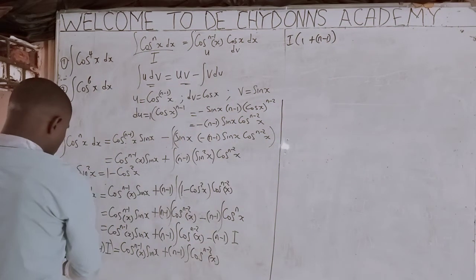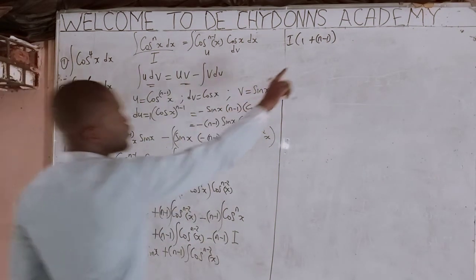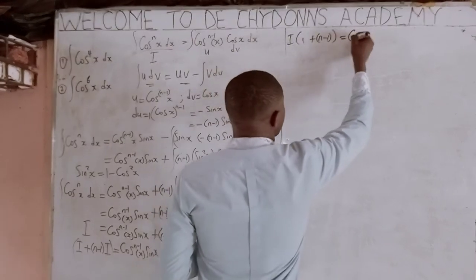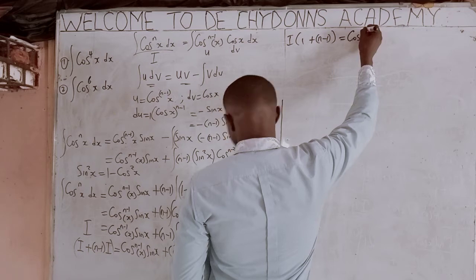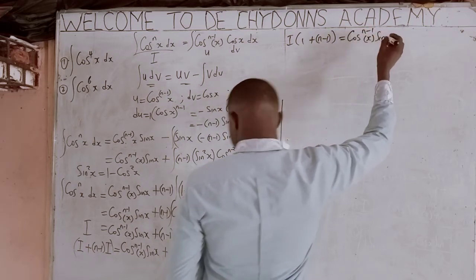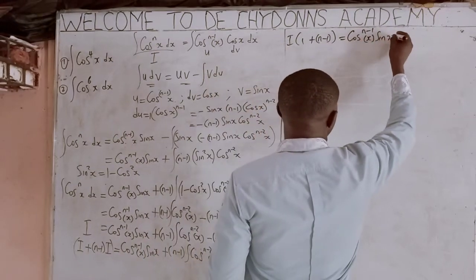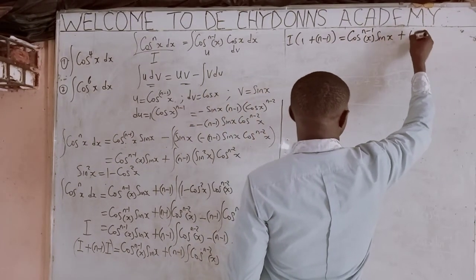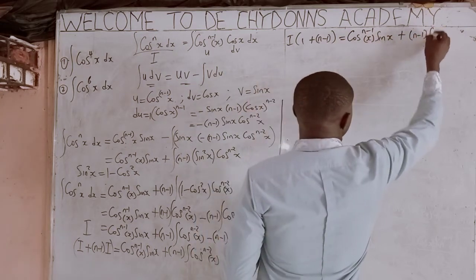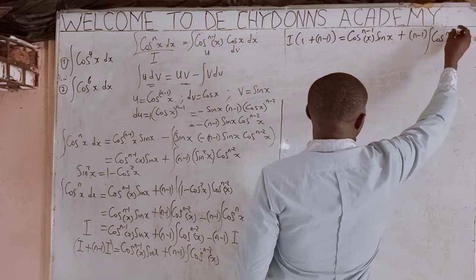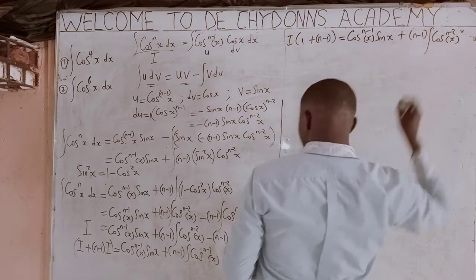If you remove one I and one I, this is what you will have: I_n equals cos^(n-1)x sin x plus (n minus 1) integration of cos^(n-2)x.